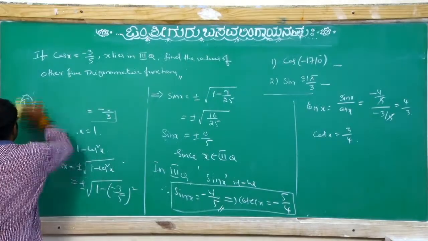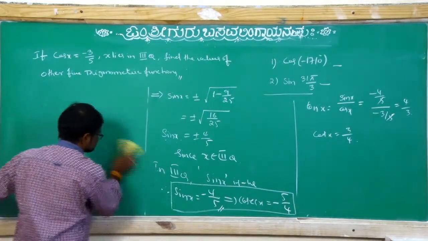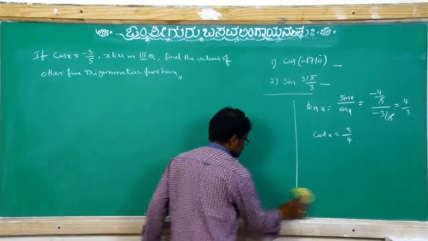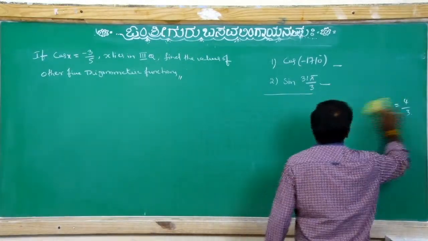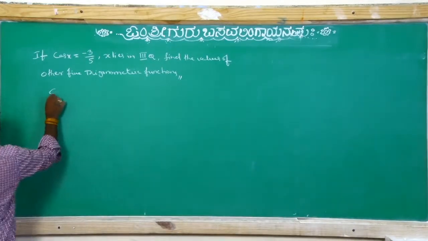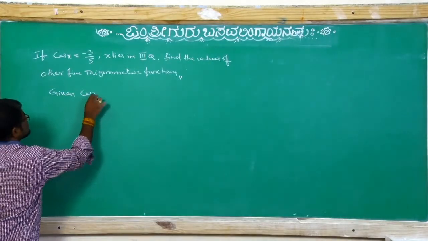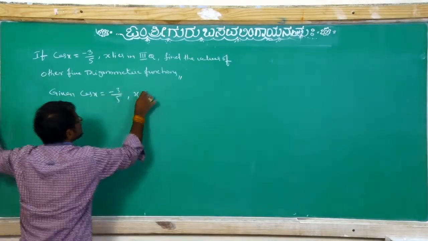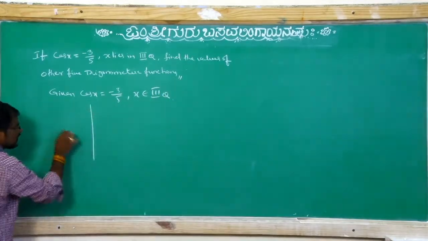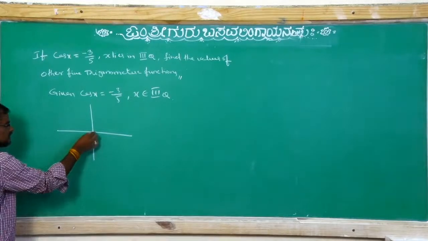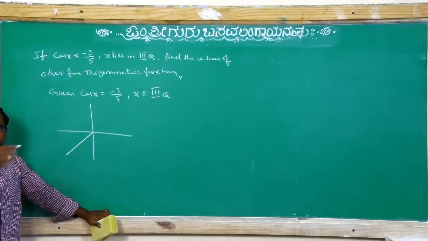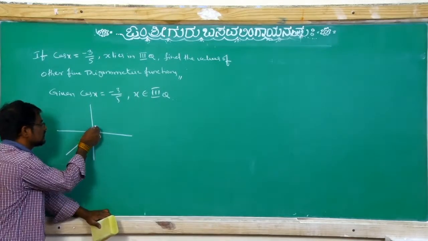Next, given here cos x equals minus 3 by 5, x belongs to third quadrant. Suppose in that particular quadrant, if you take the angle in third quadrant, definitely here only it should be there, the terminal side. So here to here you have to take actually.